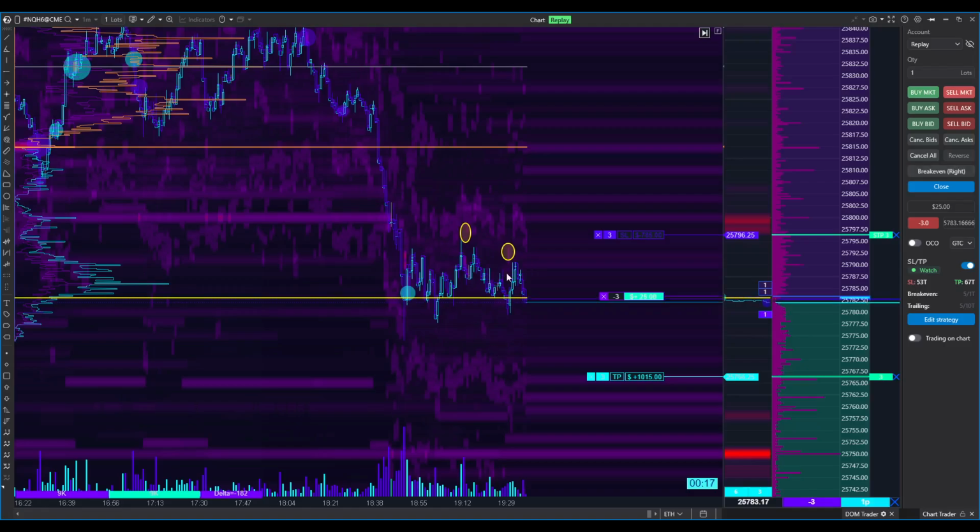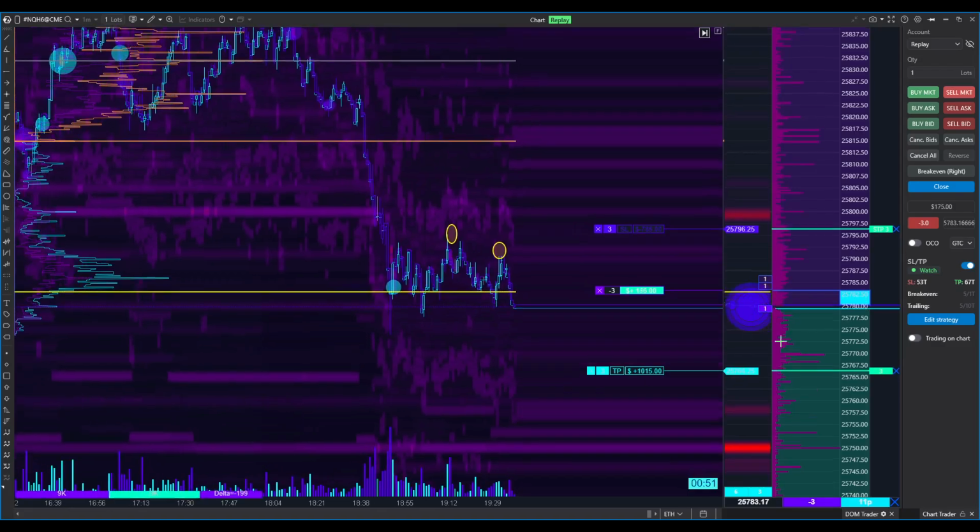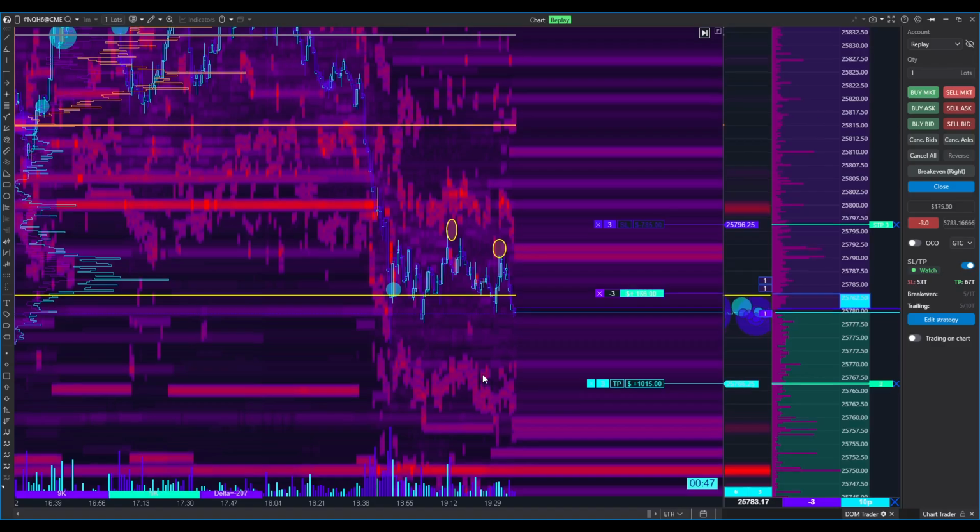I like to draw circles. I've drawn rectangles for a few years, and I think circles are easier to see what's happening. You've got lower highs happening. Okay, so now we're getting a breakdown. Sellers are getting involved.